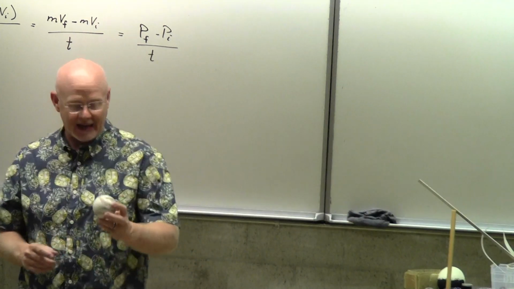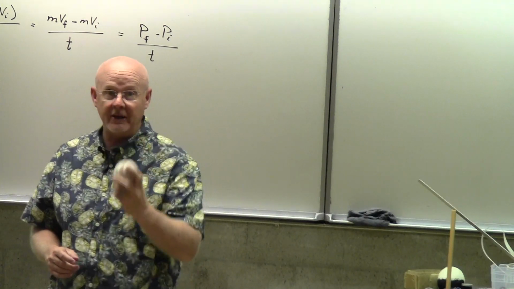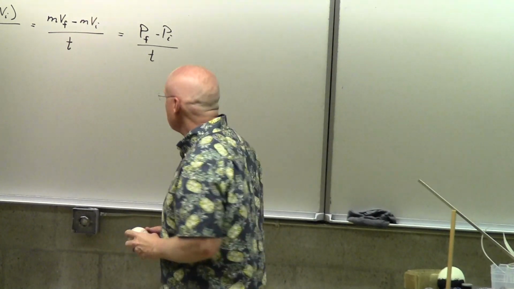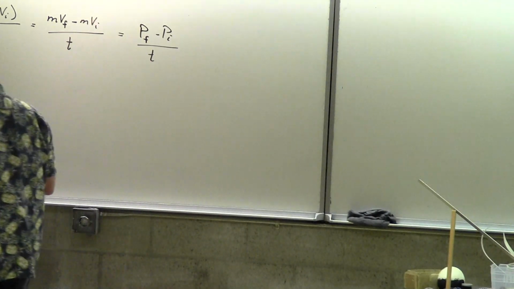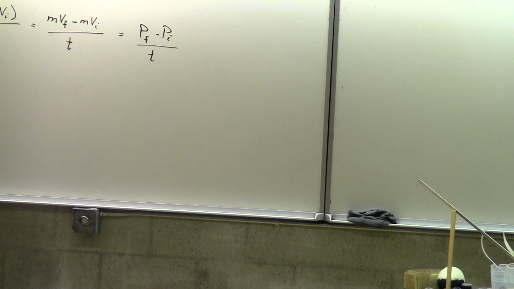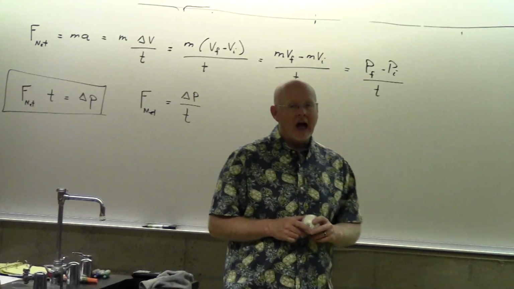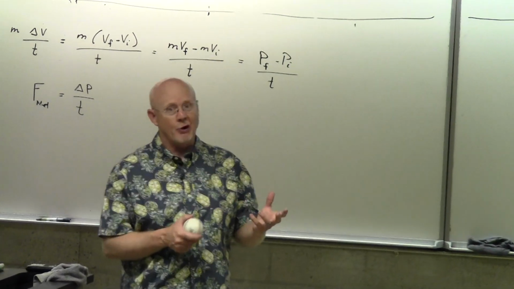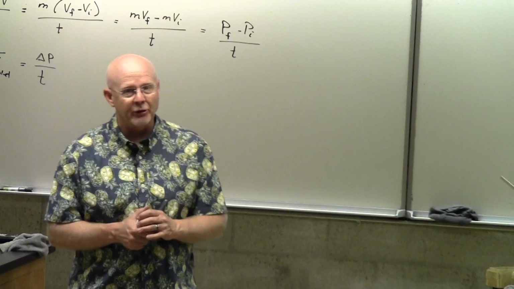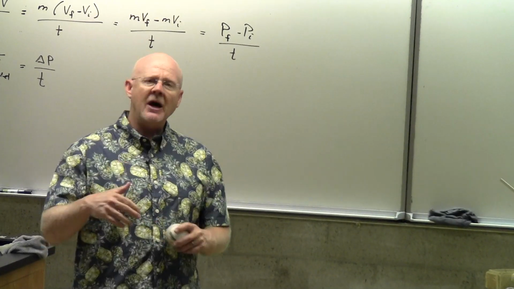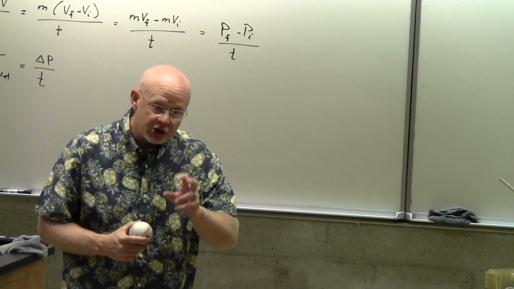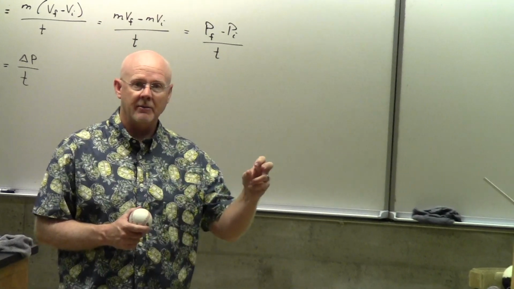Well, anyways, I digress. But look at this baseball. If I wanted to catch this baseball, one of the things I'm going to be concerned with is, is it going to hurt? Am I going to break my hand? I mean, I want a baseball, but I'll give up the baseball if it's going to give me a broken hand. I really don't want the broken hand. Is it possible for me to catch the baseball without breaking my hand?